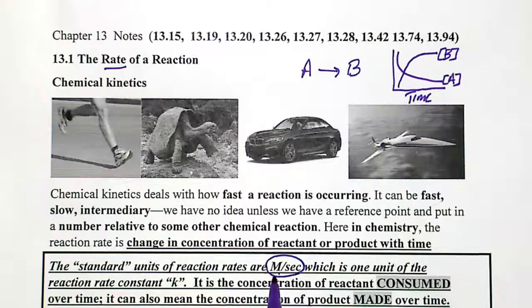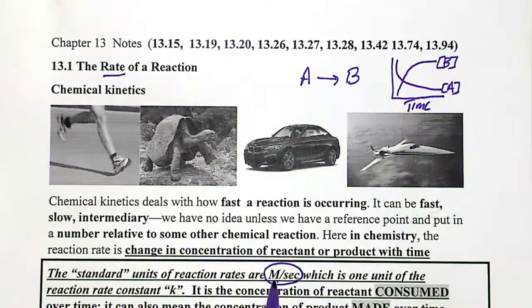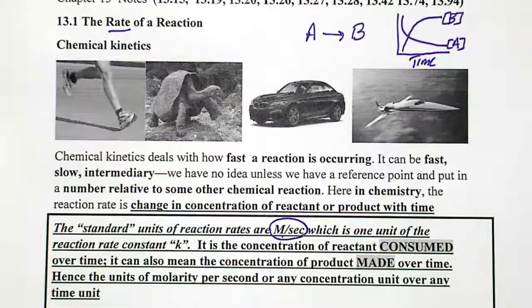And the concentration may not be in molar, it could be in millimolar, micromolar, nanomolar, etc. Likewise, if we're measuring the appearance of product over time, we're measuring the appearance of the product in millimolar, nanomolar, micromolar, or molar over time. The time doesn't necessarily have to be in seconds, but it could be in hours or days or what have you. So the idea of concentration over time is known as a rate. Rate is kind of like miles per hour on your car, how fast the reaction is going to proceed. In this case, it's concentration over time.